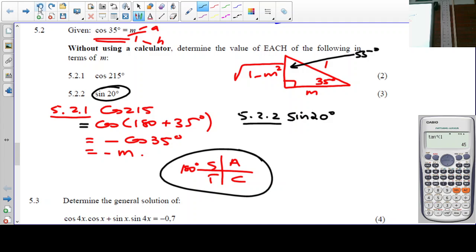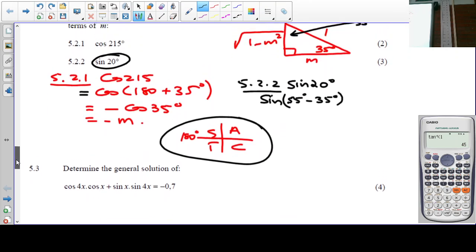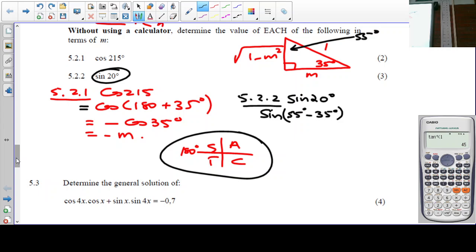So in other words, we can say this will be sine of 55 minus 35. But now what does this remind us of? Compound angle. This should remind you of sine alpha minus beta equals sine alpha cos beta minus cos alpha sine beta.